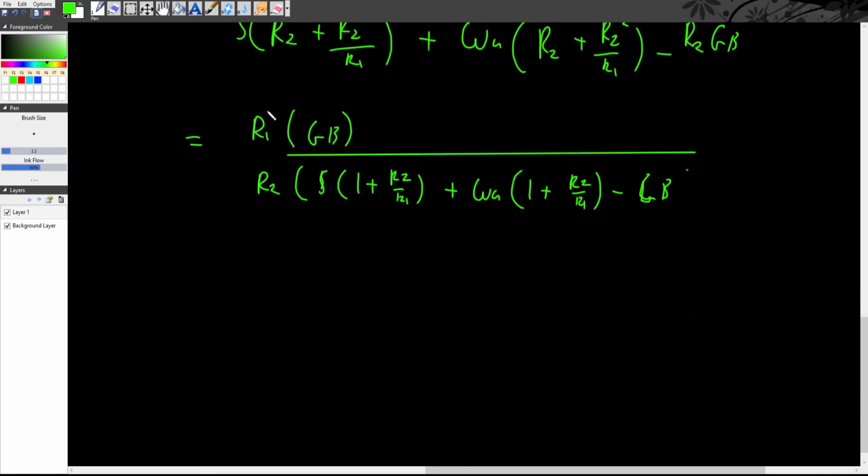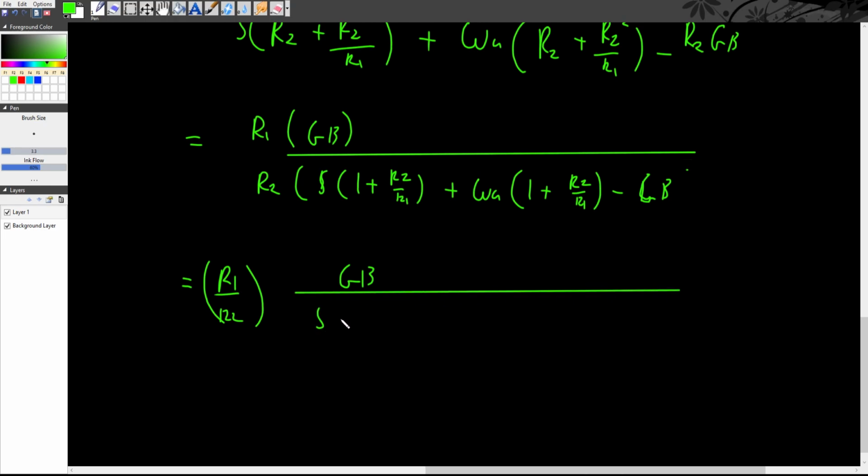Okay, so let's separate this term completely. So this is just going to be R1 by R2 on its own, and this is going to be GB all over S into 1 plus R2 by R1 plus omega A into 1 plus R2 by R1 minus GB.